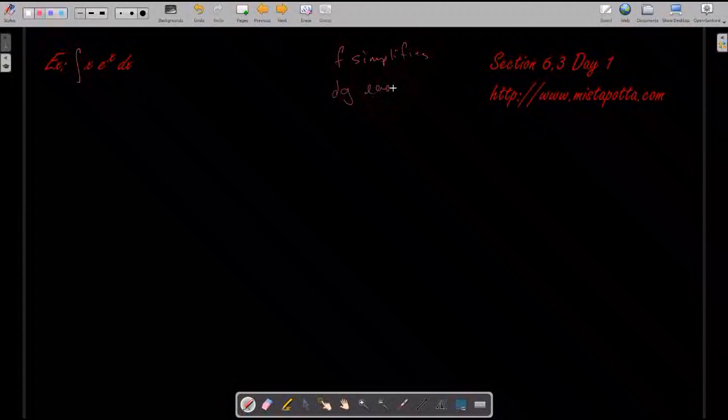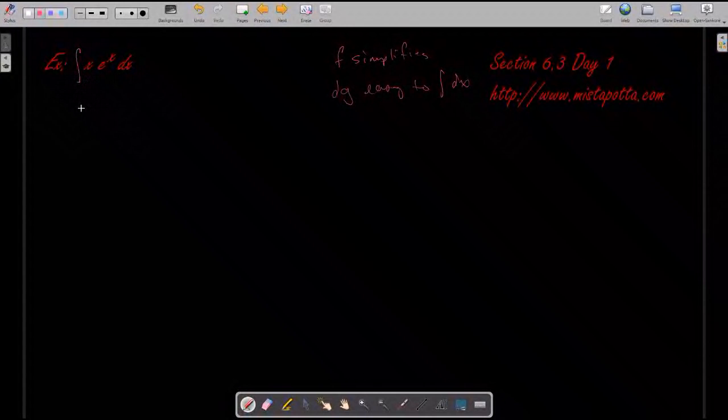And so looking at this, I know that if I take the derivative of x, I'm going to get 1. And if I take the antiderivative of e to the x, I end up with e to the x. I can take antiderivatives all day long with this function.